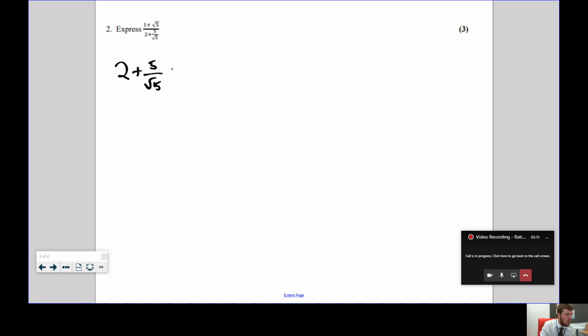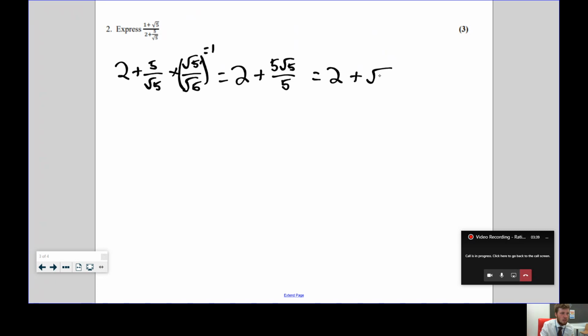So I know that if I multiply this by root 5 over root 5, because again, that's equal to 1, that's going to give me 2 plus 5 root 5 over root 5 times root 5, which is just 5. So this is just 2 plus root 5.